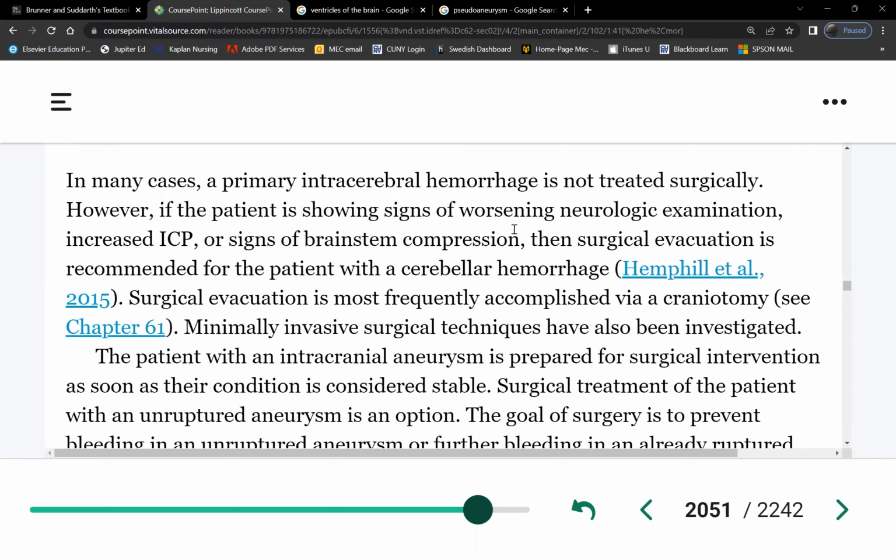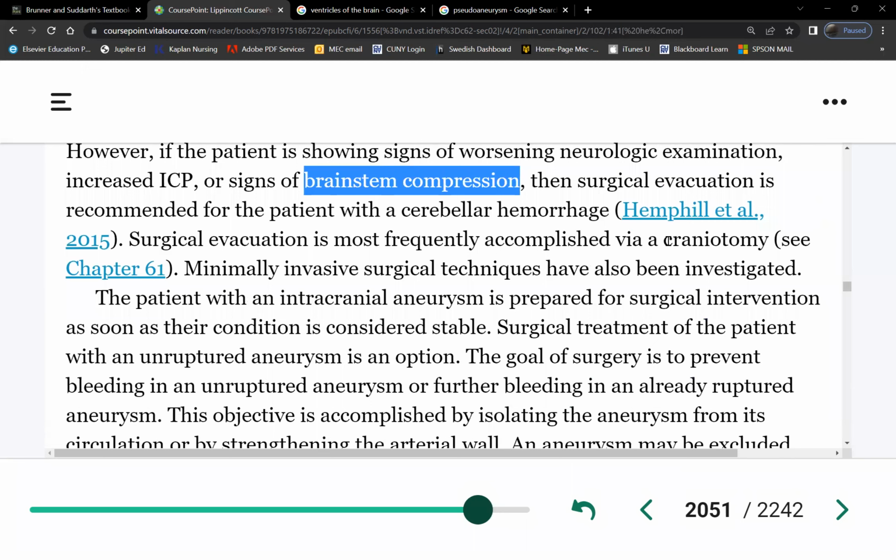Otherwise we will have herniation. We don't want any brainstem herniation. This is the most effective way to control increased ICP and bleeding, through craniotomy. Now, there are two types of craniotomies.